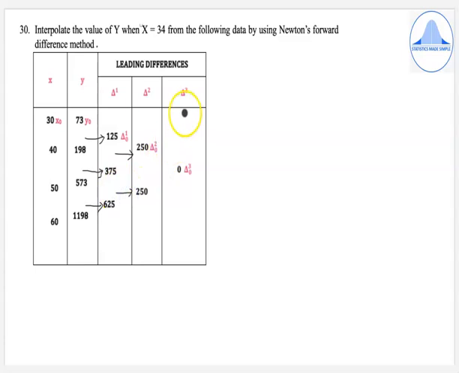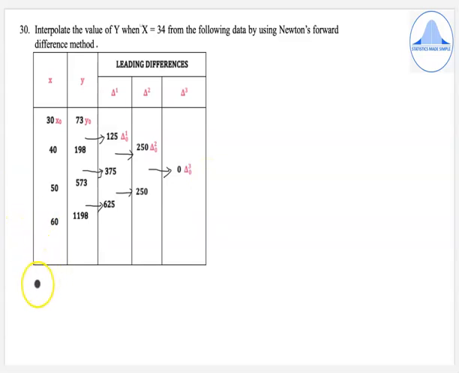Then we find out the third leading differences, that is delta cube, that is 250 minus 250, it gives 0. So we stop here since only one value remains. Then 125, you should mark it as delta naught to the power 1, 250 as delta naught square and 0 as delta naught cube. Now let us first write the formula for Newton's forward difference method.